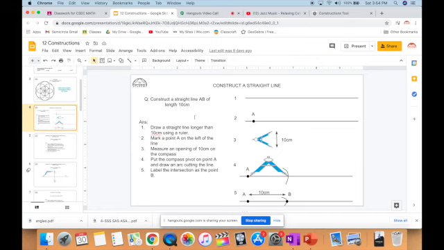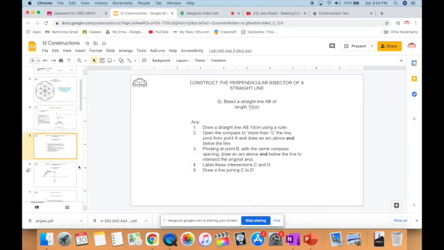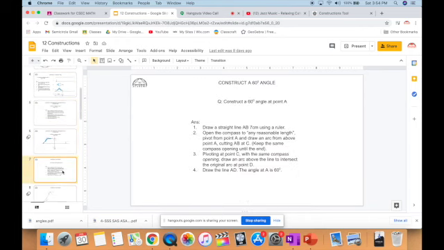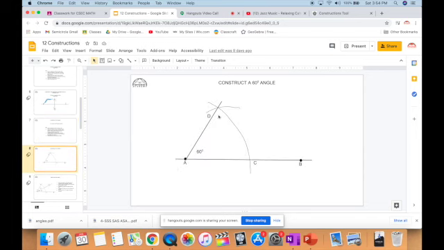However, I do have this document here, so you can feel free to come and see the instructions. I'm not going to teach you the instructions, they're here, but I am going to show you. So you're going to learn by watching and by repeating everything that I do. We are going to talk about all of these constructions and how to construct an angle.